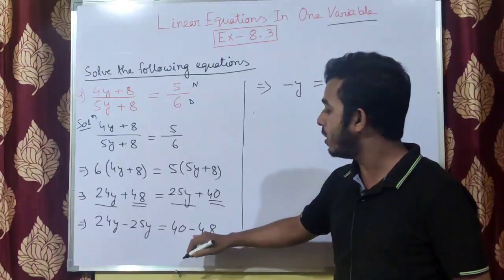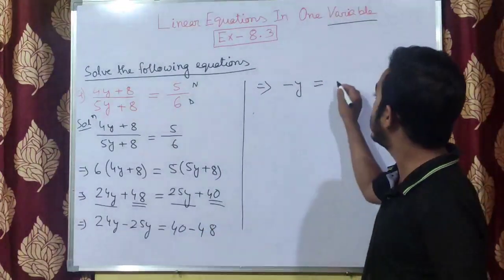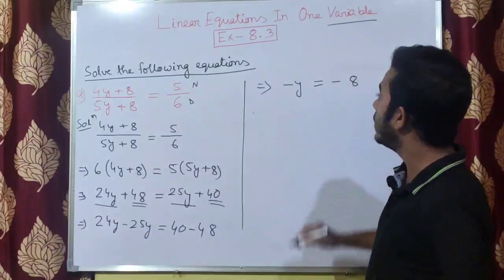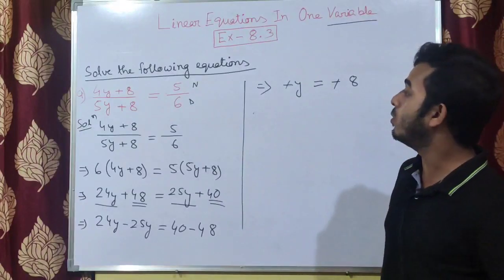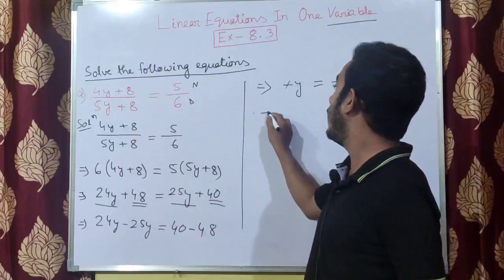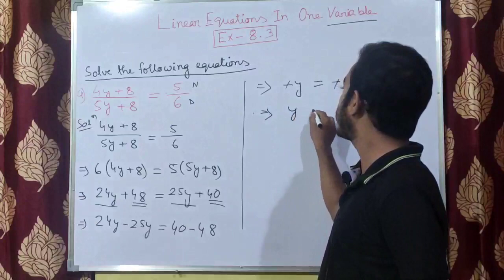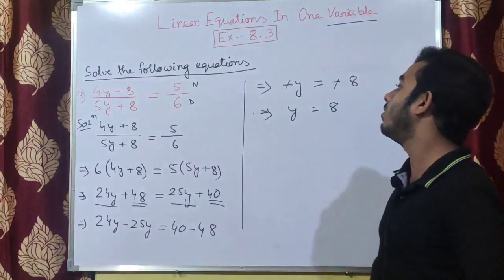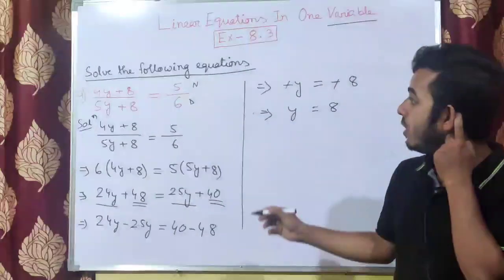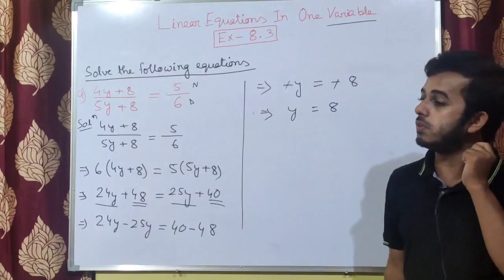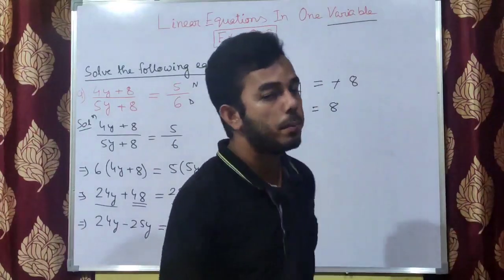Greater is 48, its sign is minus. So minus 8. Now we will cancel minus from both sides. So y equals 8. Now we will verify whether the value of y holds good for this equation. So let's start our verification.